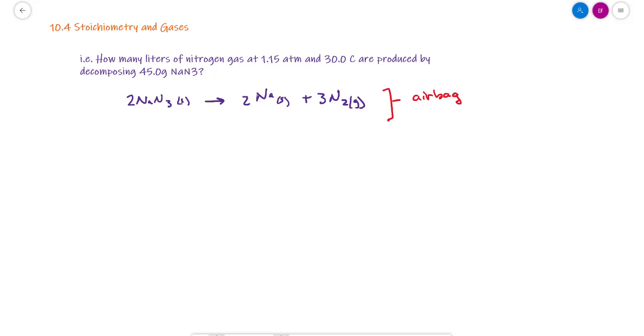Often this is combined in a circuit with an accelerometer and an energy source. An accelerometer notes very rapid changes in velocity or acceleration in different directions, and in doing so it may send a current through this thing which will forward this reaction.